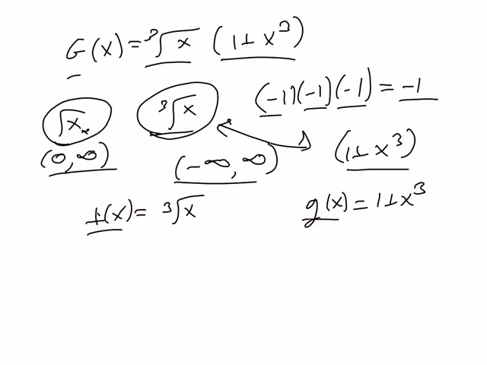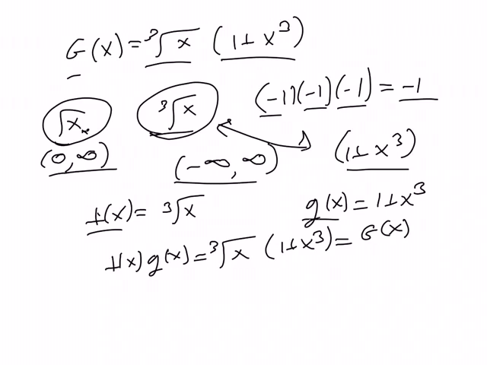So now we can use Theorem 4 part 4 to say, well then, f of x times g of x, which is equal to 3x times 1 plus x to the third, is also continuous everywhere, right?